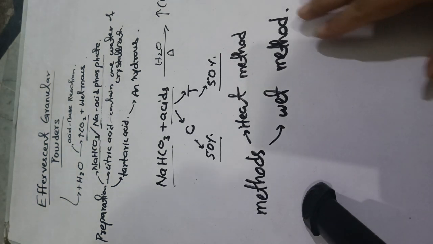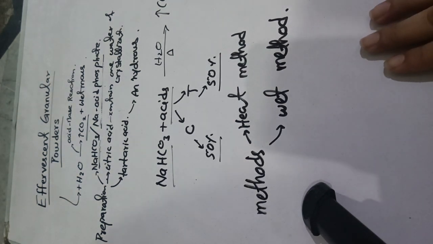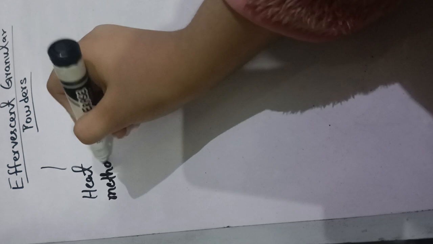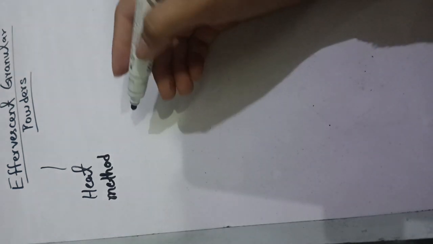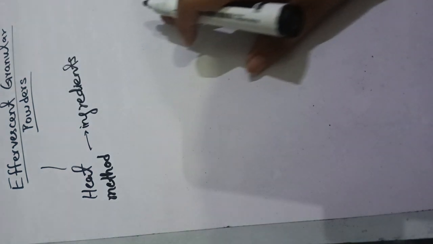Now I am going to explain both of these methods to prepare effervescent granules. In the first, the heat method, first of all you will take your ingredients, and you know very well about these ingredients, I don't have to explain them. You will weigh them all.